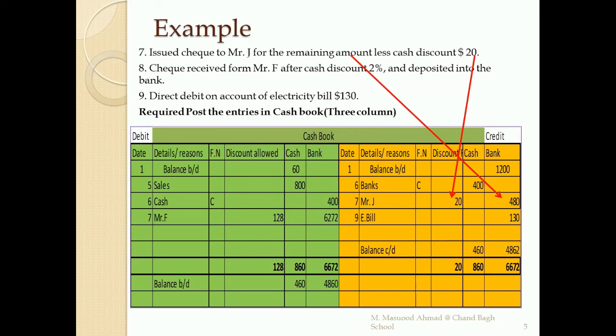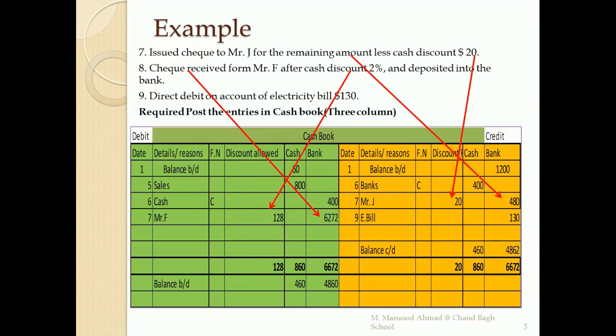Let's see the 8th transaction. Check receipt from Mr. F after cash discount of 2% and deposit into your bank. So the check received from him is 6,272. So you will debit the bank column by the amount of check received, and the discount of 2%, 128, should be recorded on the debit side of your discount allowed.